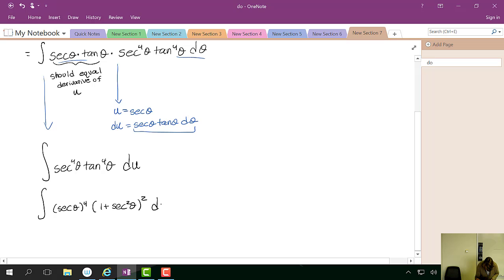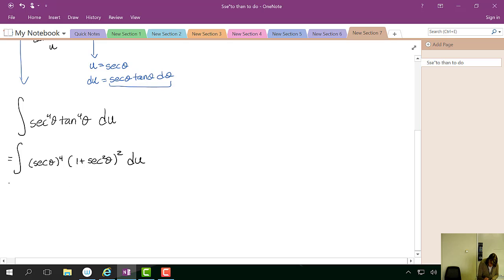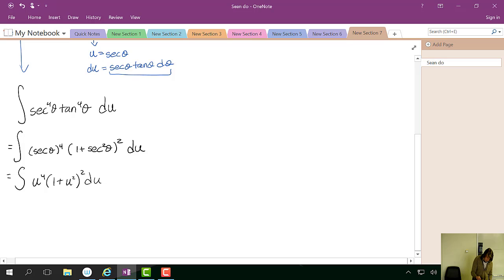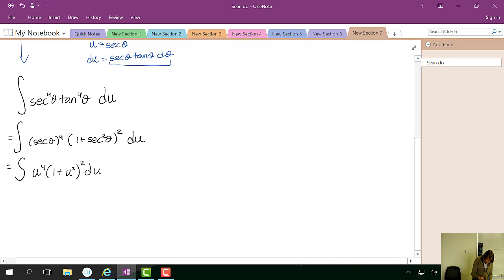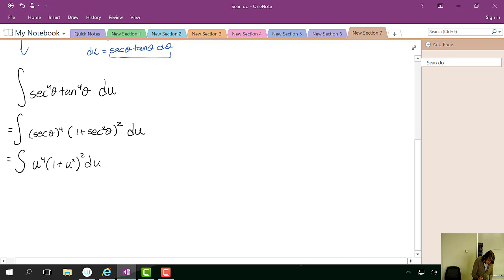And if I rewrite everything in terms of secant, I get u to the fourth, 1 plus u squared, all squared. I'll leave that for you guys, but this is just another polynomial, right? We just have to FOIL it out, and from there it's as simple as doing any other polynomial integral. FOIL and solve.